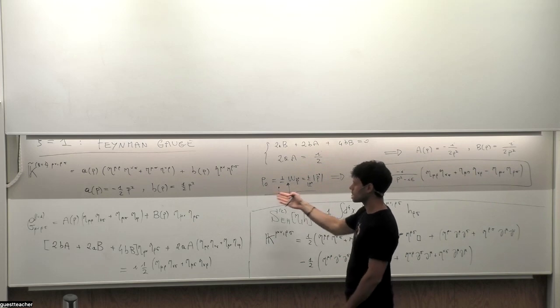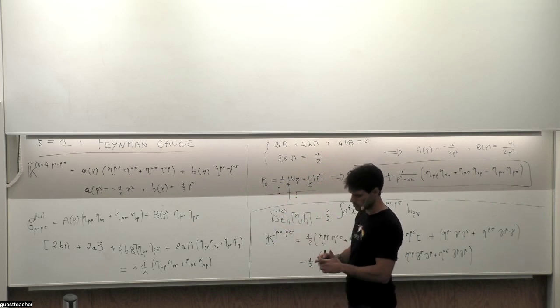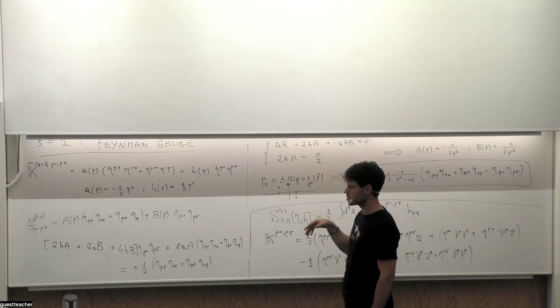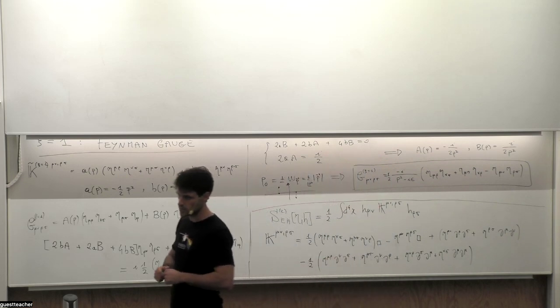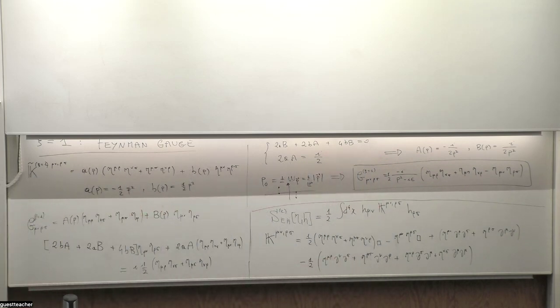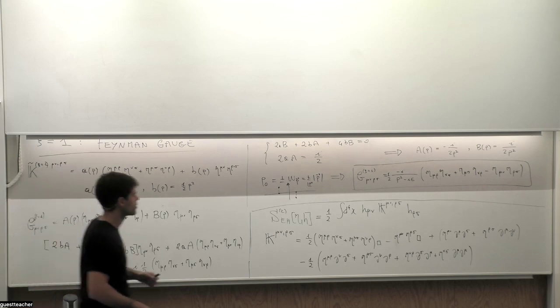This one is sometimes called the causal prescription because it tells you that positive energy propagates forward in time. So the tensor structure is not really important for the prescription in the denominator of the propagator. Is it clear?